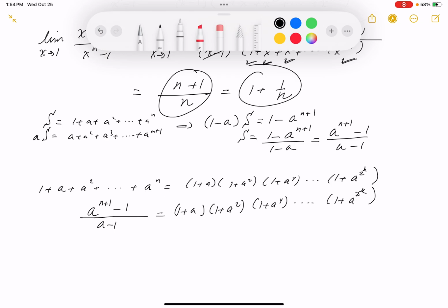What I want to do is get rid of the fraction now. And if I do that, what would I get? A to the n plus 1 minus 1 would equal a minus 1 times 1 plus a, 1 plus a squared, 1 plus a to the 4, and so on, 1 plus a to the 2 to the k.